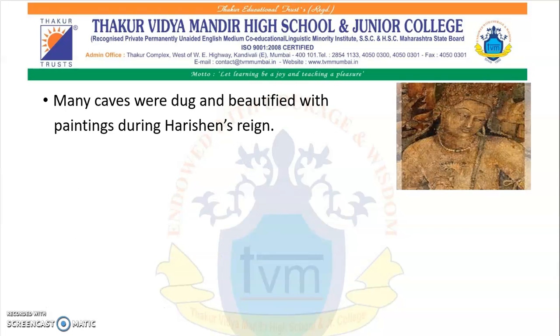We will see one of the pictures, of Bodhisattva Padmapani in Ajanta. Students, Bodhisattva means a person who seeks awakening, true knowledge or Bodhi. And Padmapani means one who holds the lotus. In this painting you can see a person holding a lotus in his hand and he is surrounded by many people.